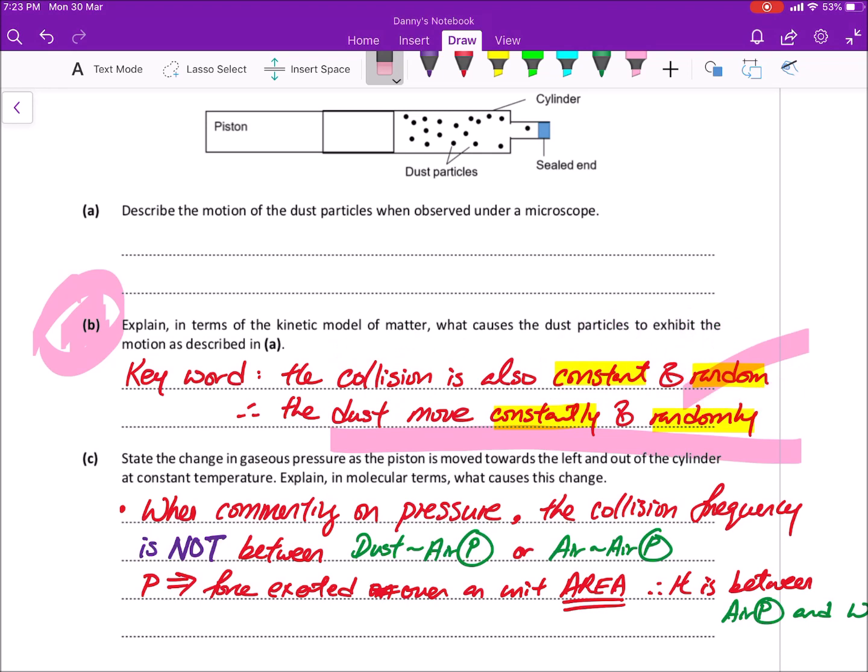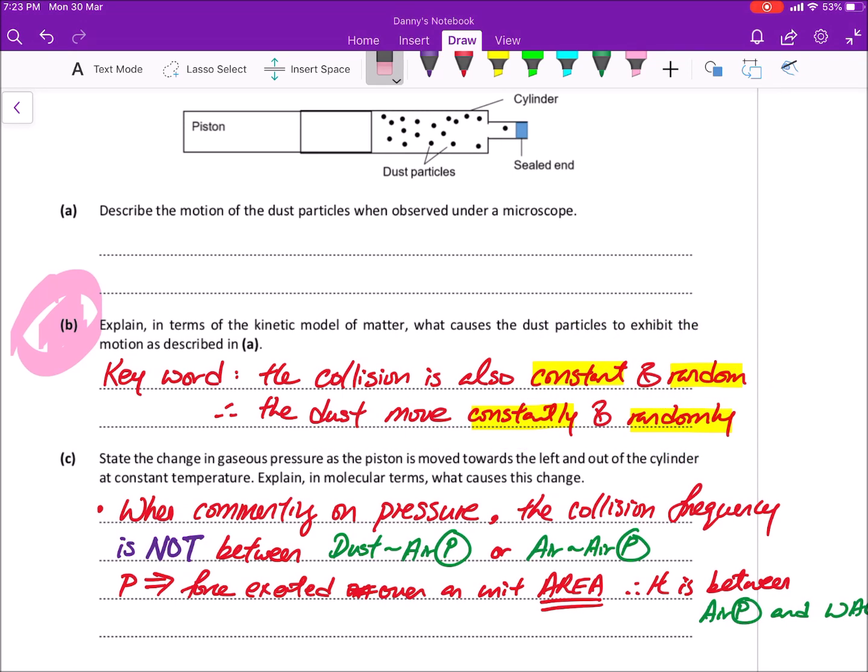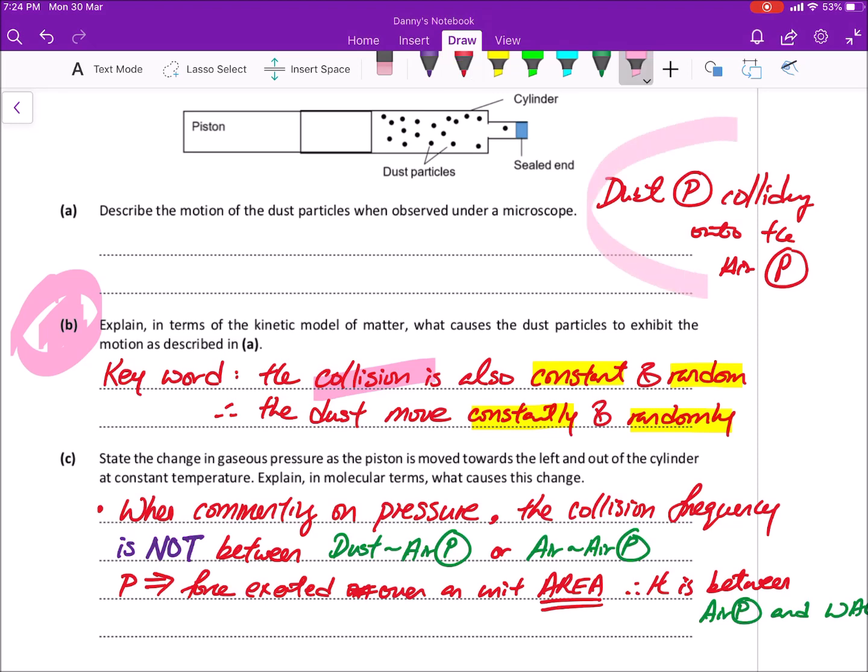Now the next thing that some of you make a mistake on is that when you are talking about the collision, you have to show me that the active role is played by the air particles. If you say something like, the dust particle is colliding onto the air particle, then this whole statement is wrong, because your dust particle is actually passive.